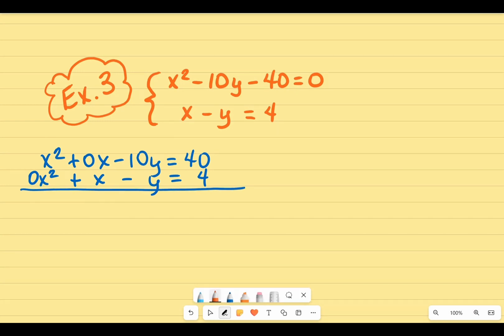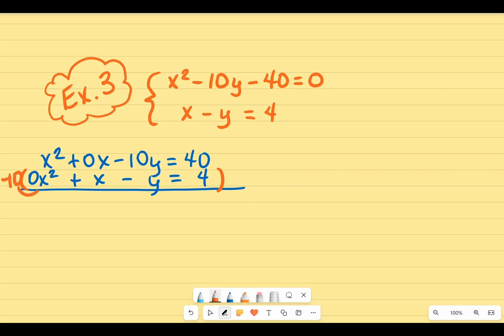Now I want to determine which variable makes sense to get rid of, the x's or the y's. Well, for me, it makes sense to get rid of the y's. One of my y's is a negative 10, so the other one has to be a positive 10, which means I have to multiply the entire system by negative 10. So that's what we're going to do.